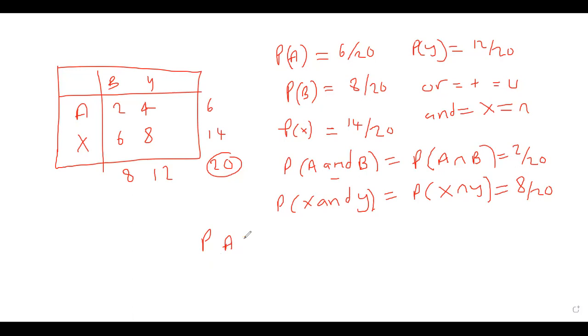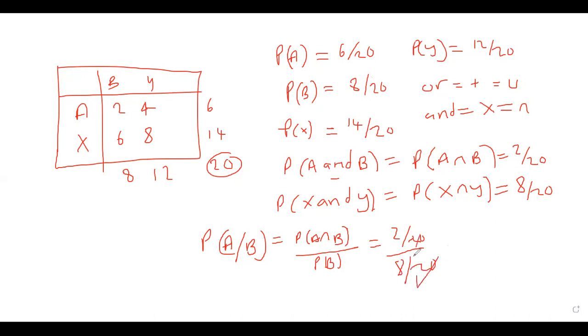Let me teach you what is A given B. A given B is simply A intersection B over probability B. So what is A intersection B? 2 over 20. Then the probability of B is 8 over 20.